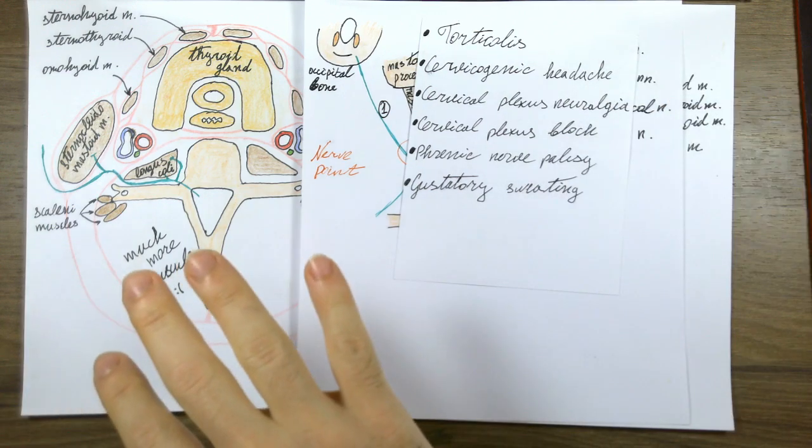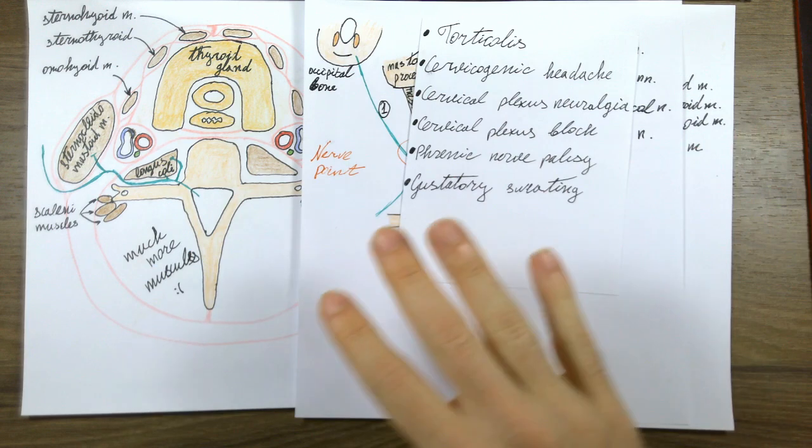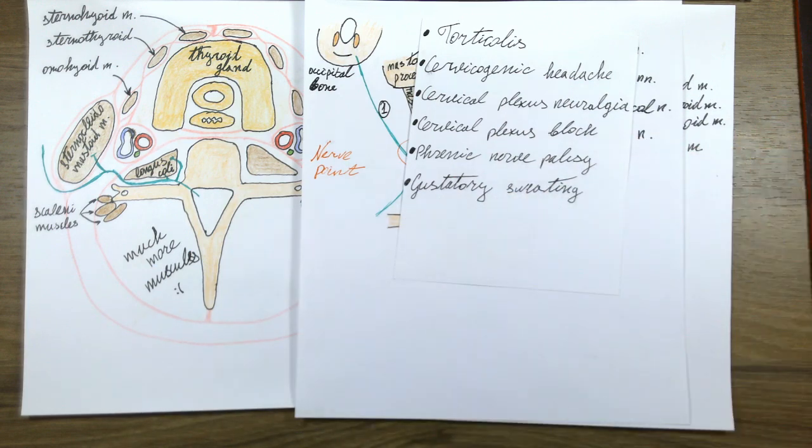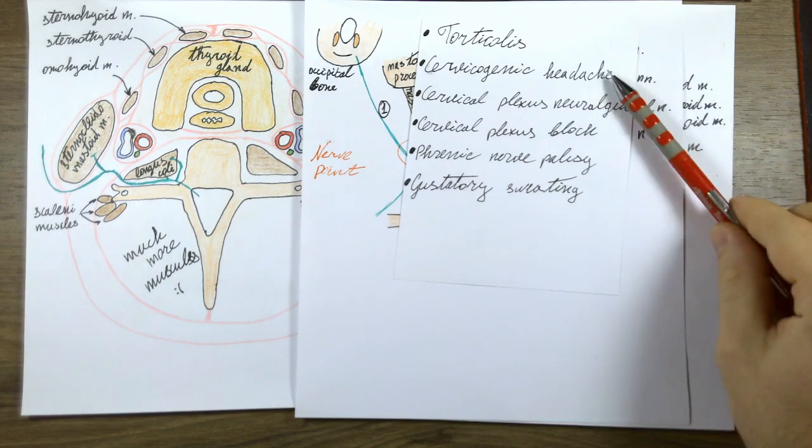some of the fibers of the cervical plexus nerve, and fibers of the trigeminal nerve, which is responsible for innervating the skin of the head, as well as the blood vessels in the brain, are converging towards similar neurons.